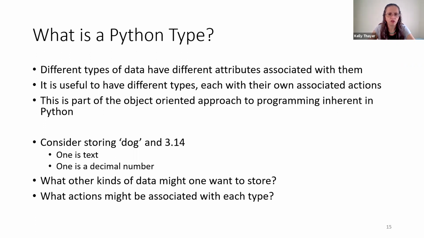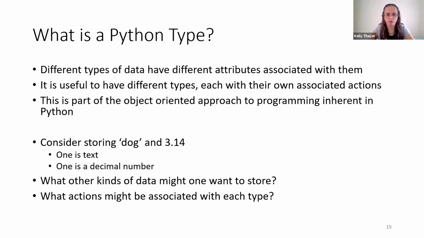So consider storing the text DOG for dog and 3.14, which is a floating point. So one is text and one is a decimal. So what other kinds of data might one want to store? Are there other types? Well, integer might be one of them, for example. And then we want to think about what actions we want to do with each type.